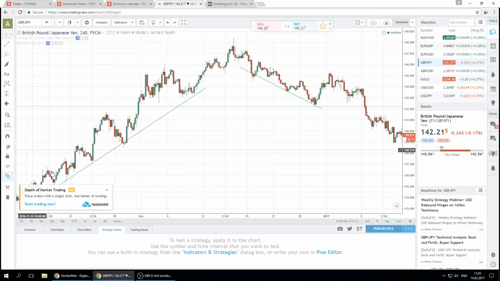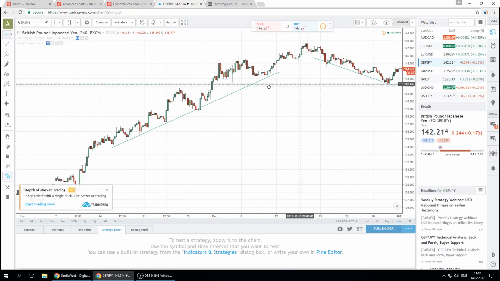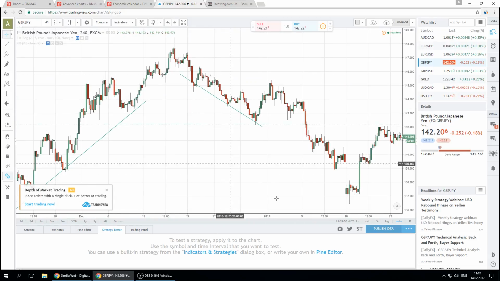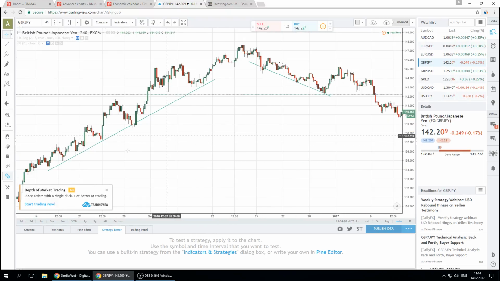So what we can say from here is that the trend was moving up. Afterwards the direction changed and it started to move down to this point, and afterwards it also changed direction. So how can the level-based approach help us to open trades?